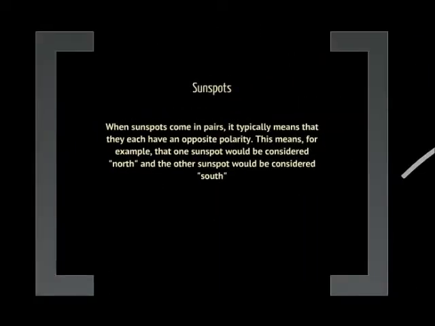When sunspots come in pairs, it typically means that they each have an opposite polarity. This means, for example, that one sunspot would be considered north, and the other sunspot would be considered south. This illustration is an example of how one of them would be considered north, and the opposite one would be considered south.